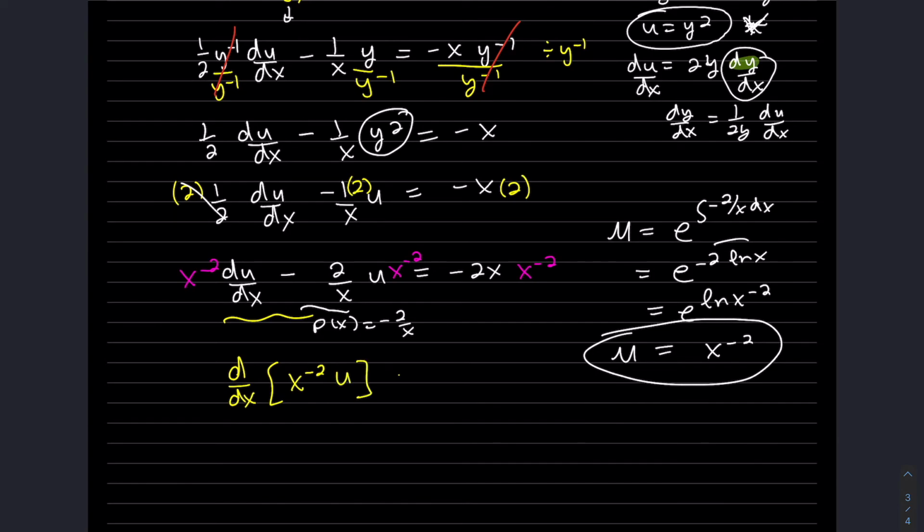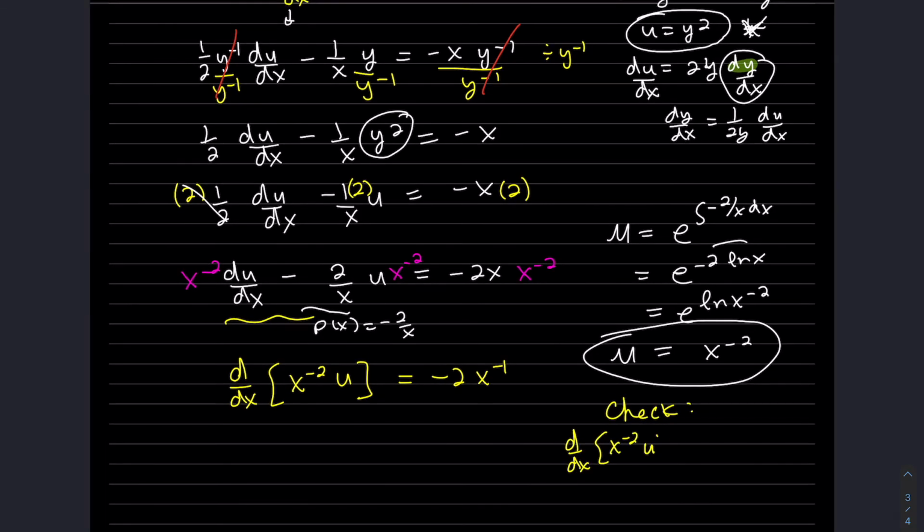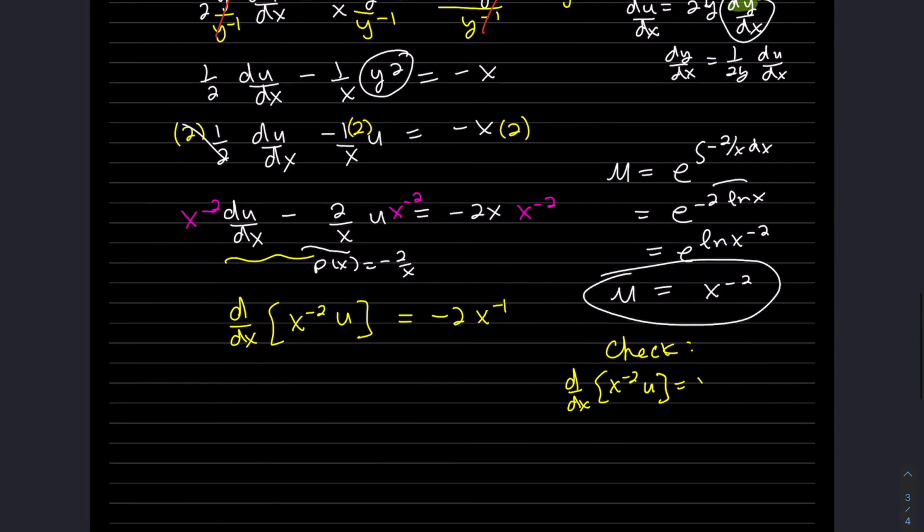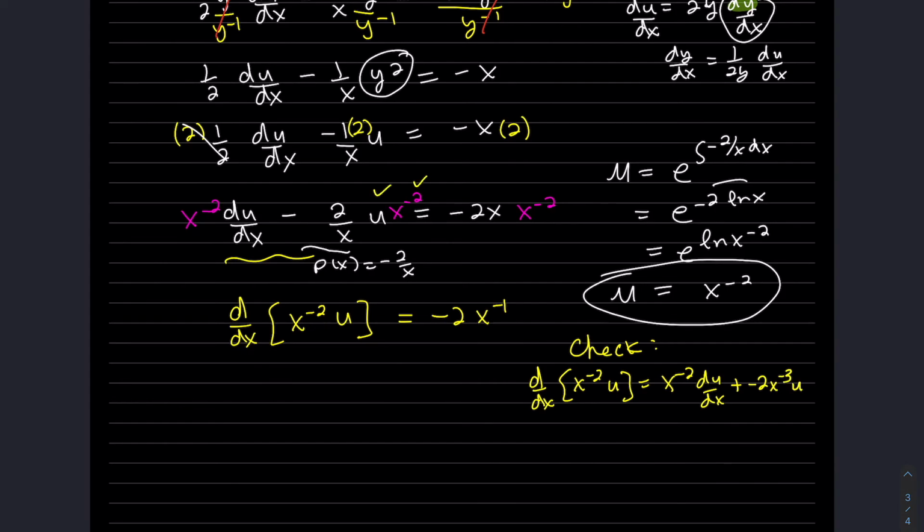And let's check that product. So it's going to be x to the minus 2 du/dx plus minus 2x to the minus 3 times u. So yeah, that does put us x to the minus 3, or x to the third on the bottom. So yeah, it works.